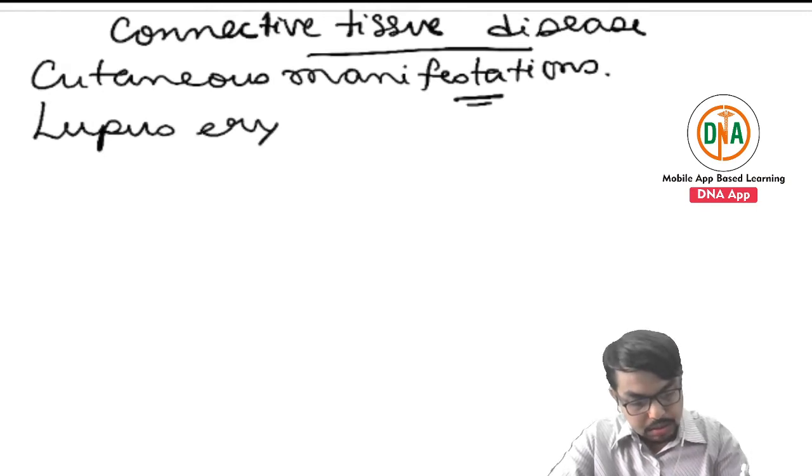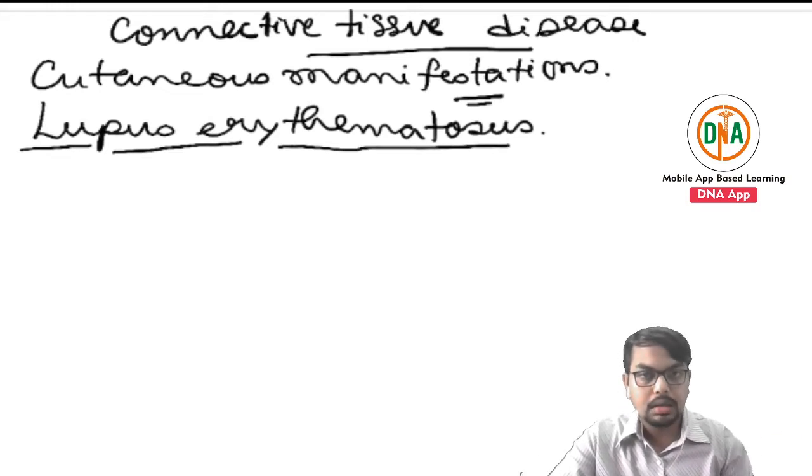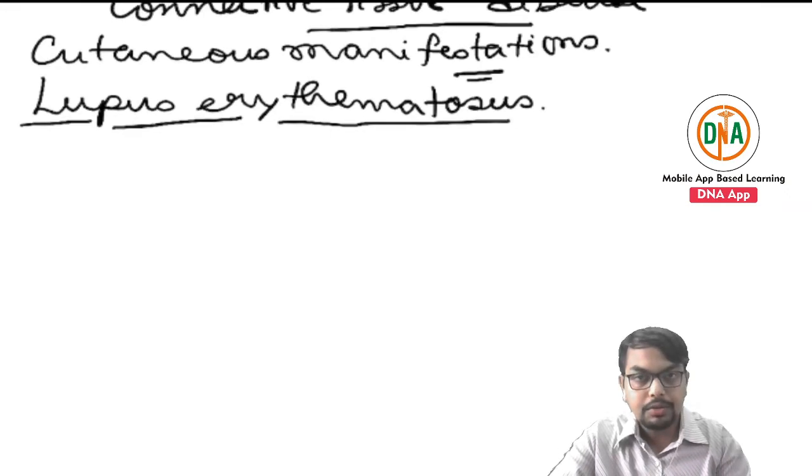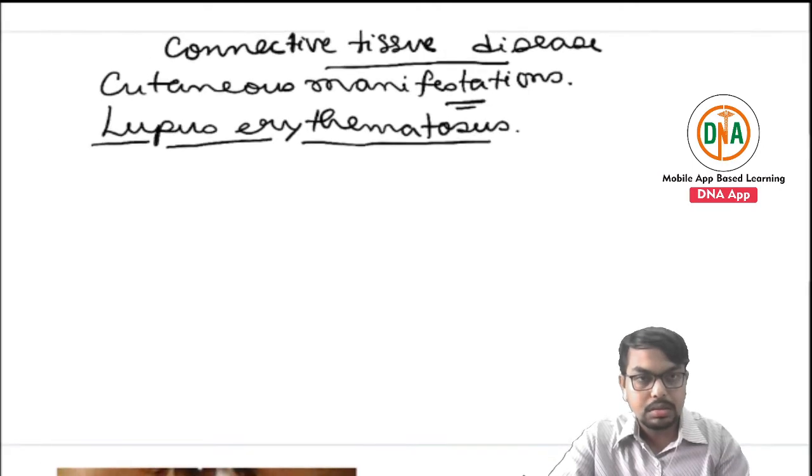Lupus erythematosus. This is a very important topic. You will also learn in details about lupus erythematosus in your general medicine classes. Here we will mainly focus on the cutaneous features of lupus erythematosus.